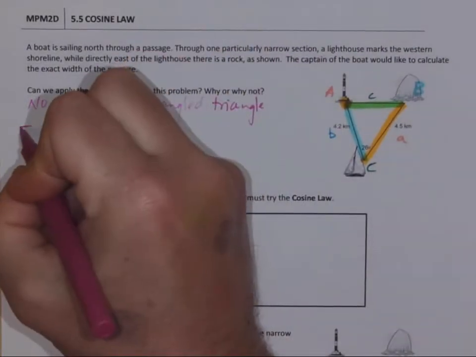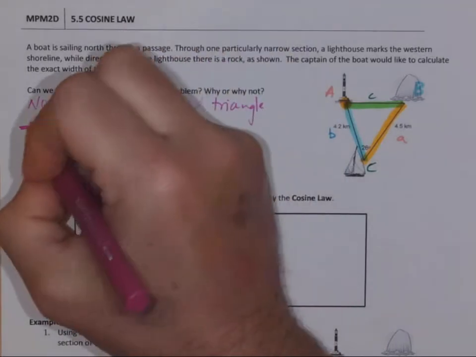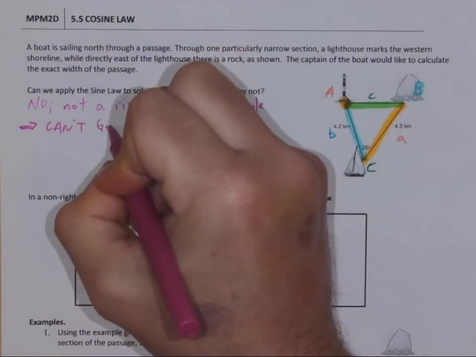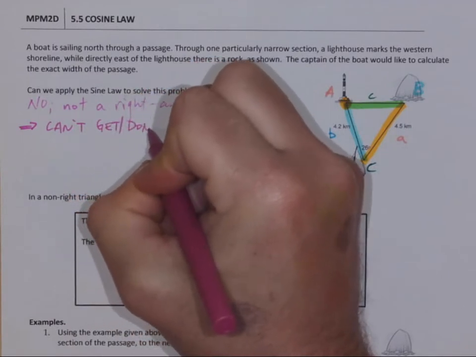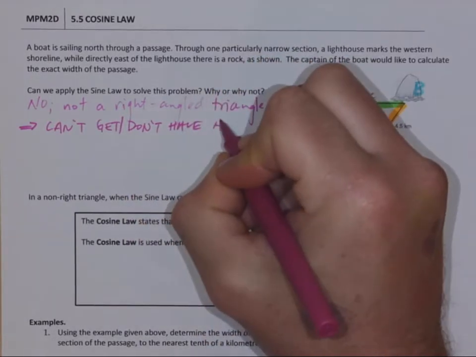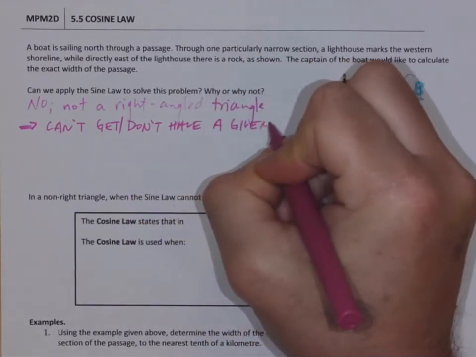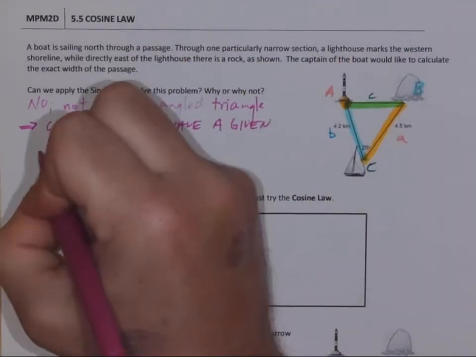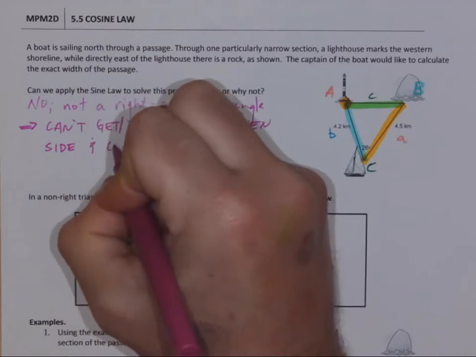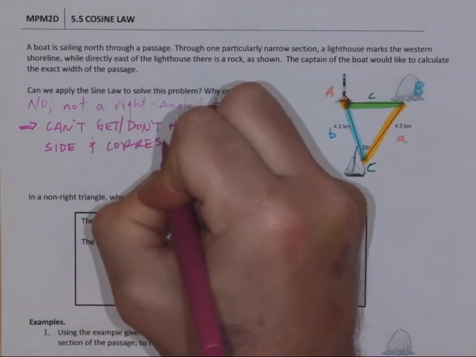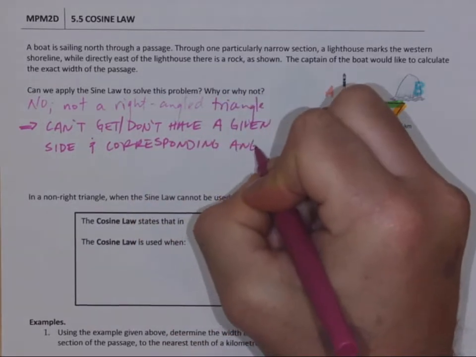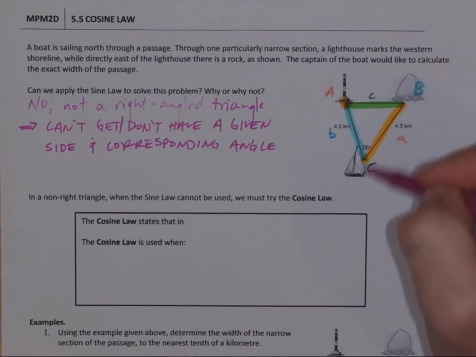But we cannot apply Sine Law because we don't already have a given matching pair, a given side and corresponding angle, meaning our matching pairs.